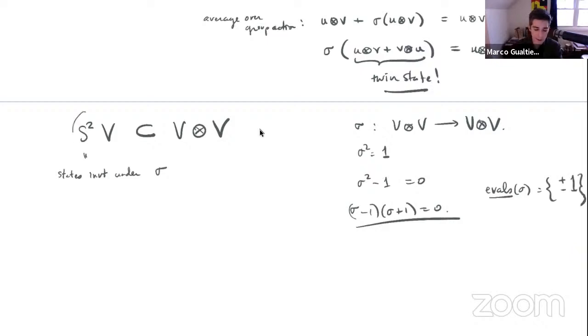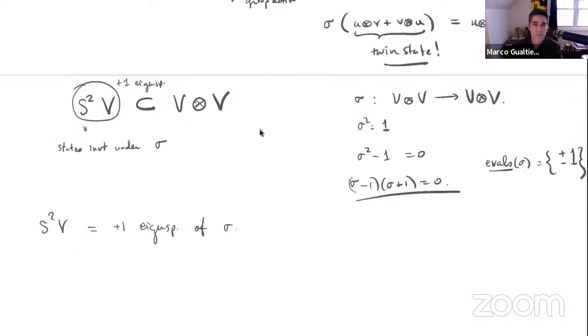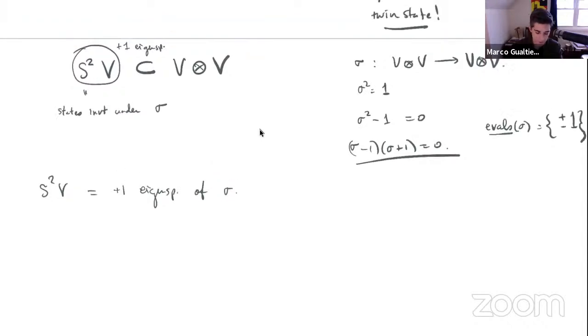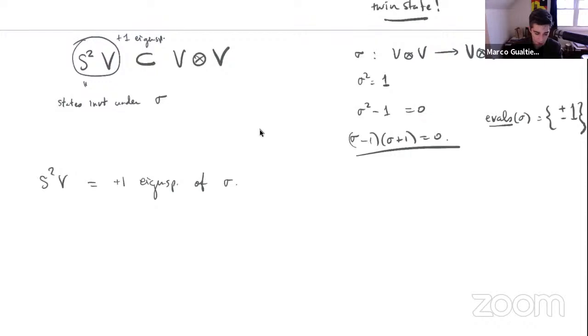S2V is the plus 1 eigenspace of sigma. But sigma has another eigenspace. So what about the minus 1 eigenspace?